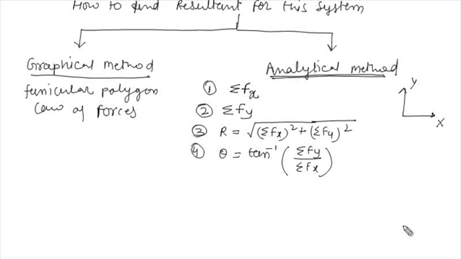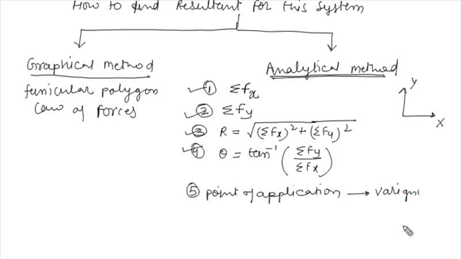So these four steps, 1, 2, 3, 4, are the same in the coplanar concurrent force system or the coplanar non-concurrent force system for finding out R and theta. But for the point of application, in case of a coplanar non-concurrent force system, we have to use Varignon's theorem.